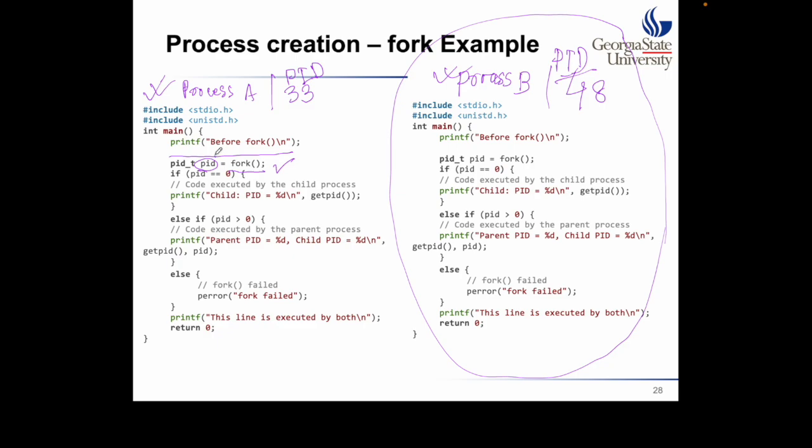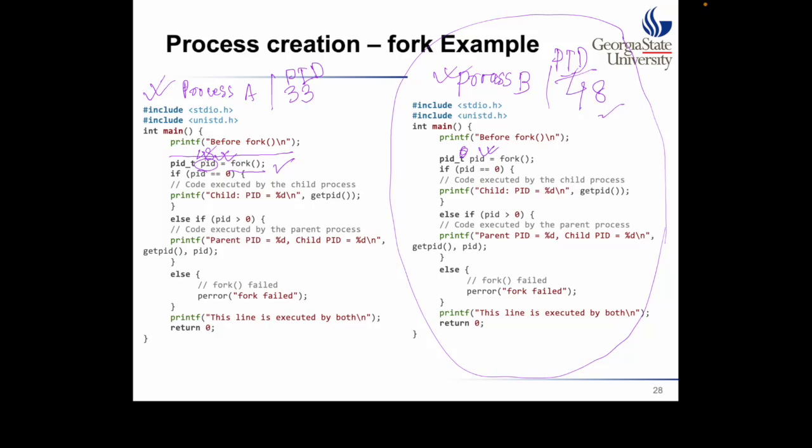One PID for process A and another PID for process B. So the fork system call will basically return two PID values. It will return 0 for process B, and it will return the child's PID for the parent. The child's PID was 48, so it will return 48 to the parent process.